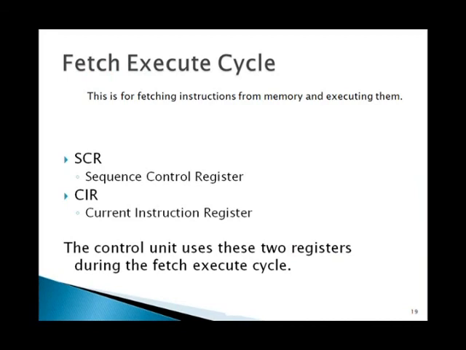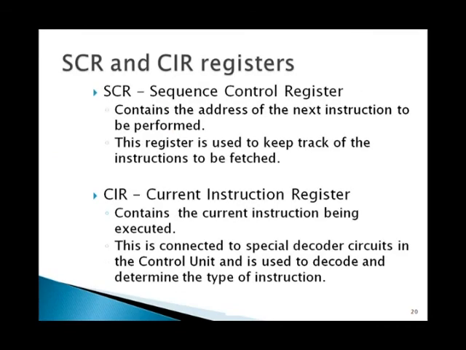SCR is the sequence control register. The sequence control register contains the address of the next instruction to be performed. The CIR current instruction register contains the current instruction being executed.